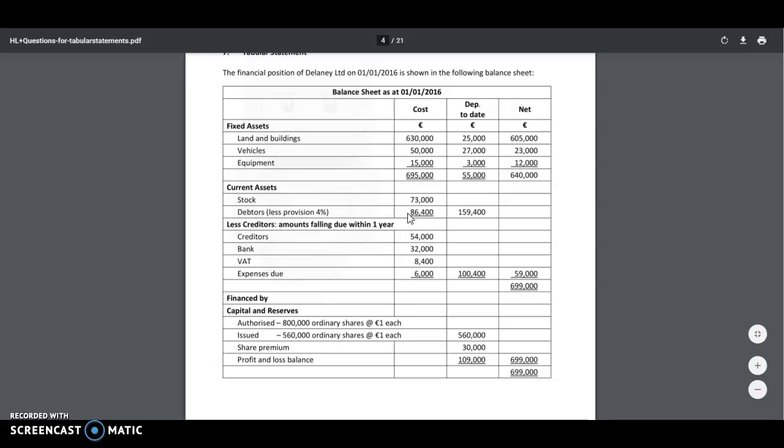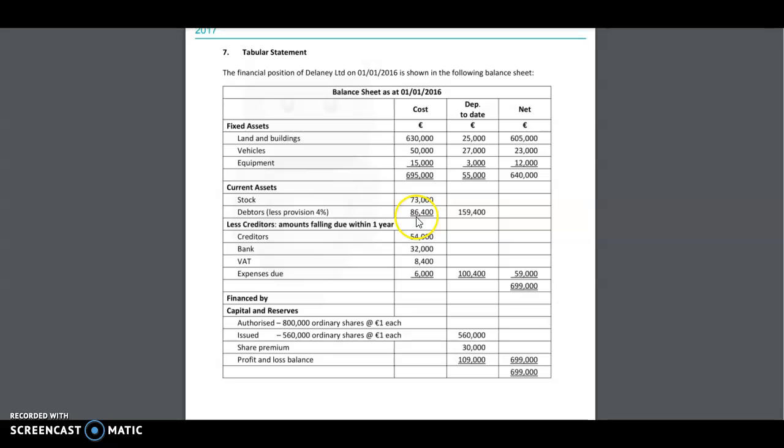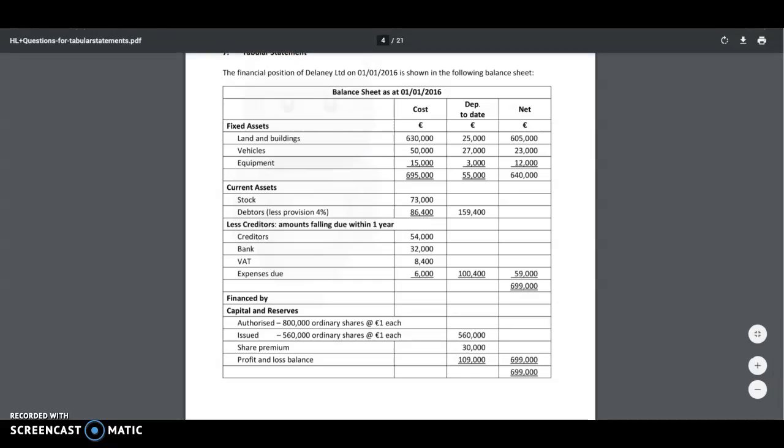The trickiest one when you're listing them out is the debtors. The 86,400 euro here for debtors is already after a provision of 4% has been taken away. So I'm going to show the debtors and its provision just like I showed the fixed assets.